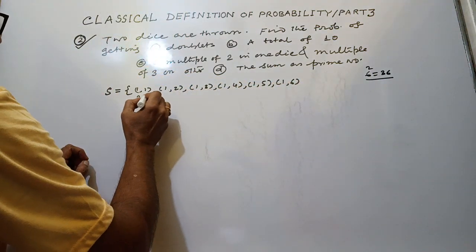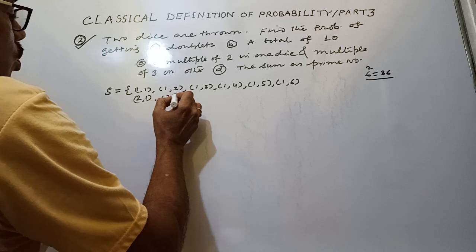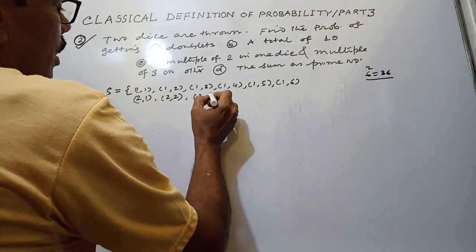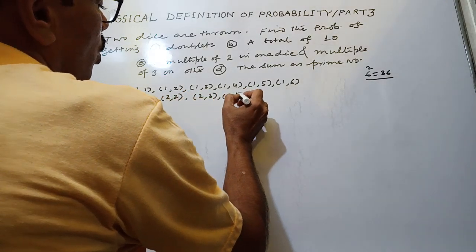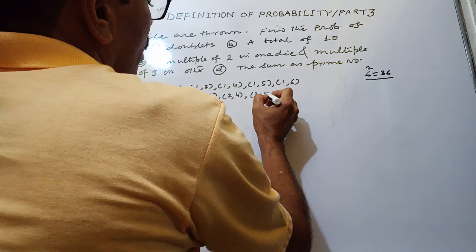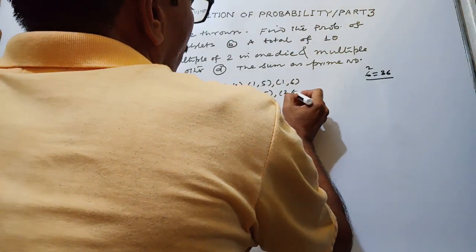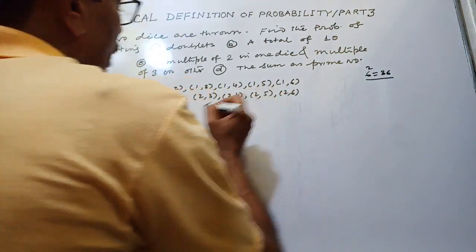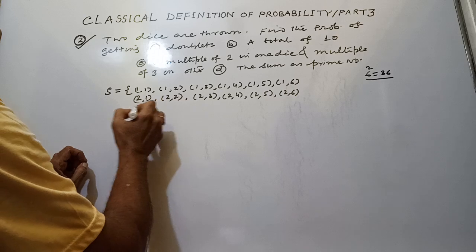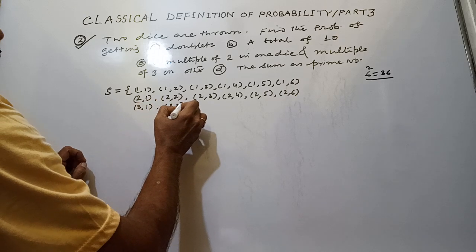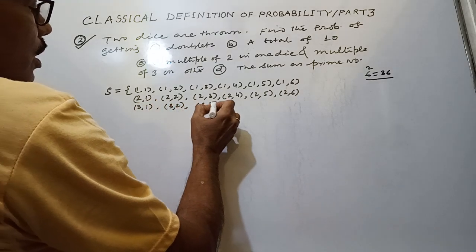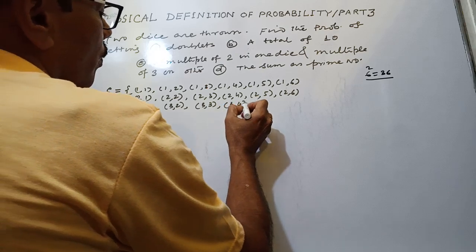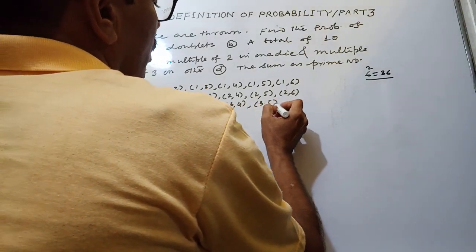Then 2 1, 2 2, 2 3, 2 4, 2 5, 2 6. Then 3 1 through 3 6.